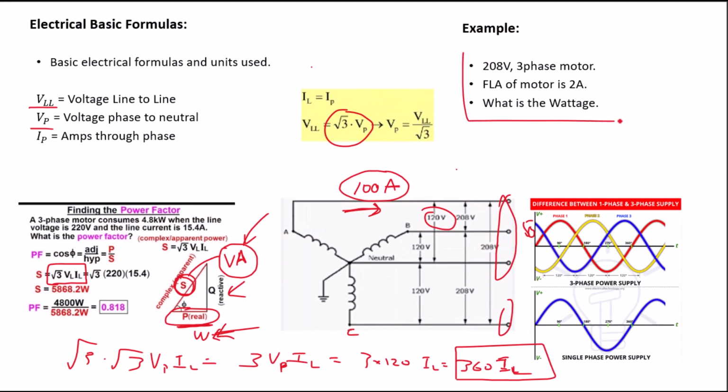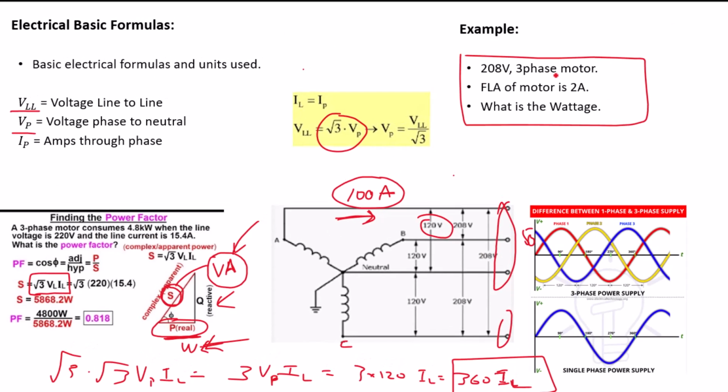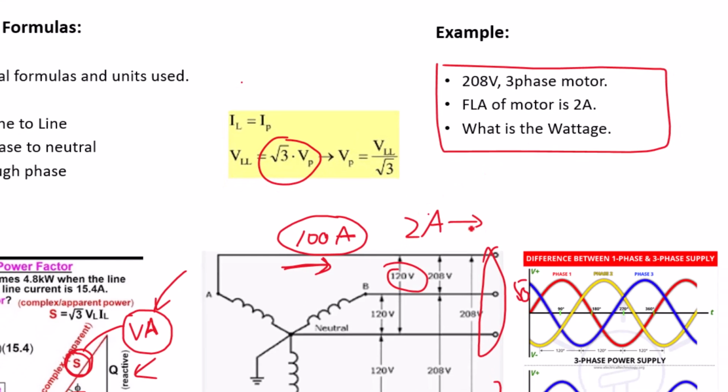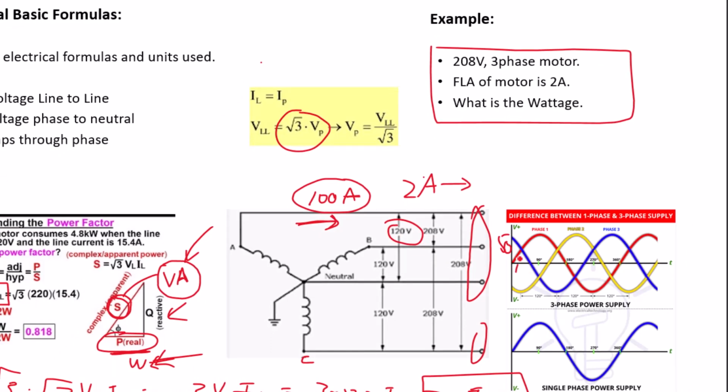So in this example here, let's say you have a 208 three-phase motor, and the full load amps of the motor is 2 amps. That means that 2 amps is flowing through each of the phases in this alternating type of pattern here. So what is the wattage? Well, the question is, what is the VA actually?